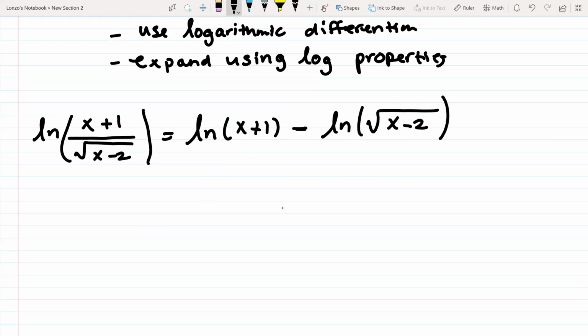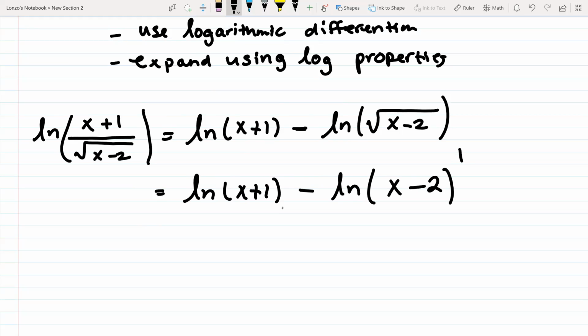And then the square root of x minus 2, we can rewrite that as a power. So this stays the same, and the square root of x minus 2 can be expressed as parentheses x minus 2 raised to the 1/2, right? And then when you have a power, when you're expanding it, you put the power in front of the natural log. So it would actually be minus 1/2 ln of x minus 2.